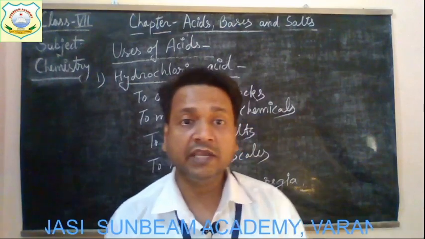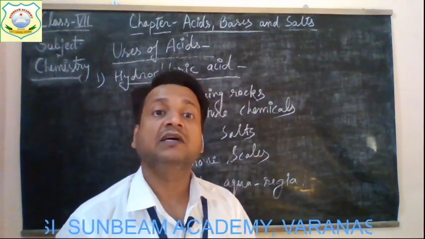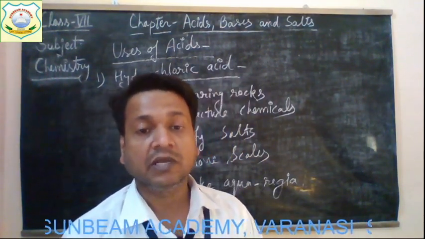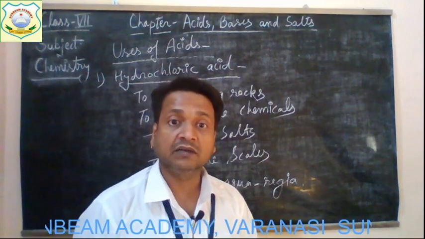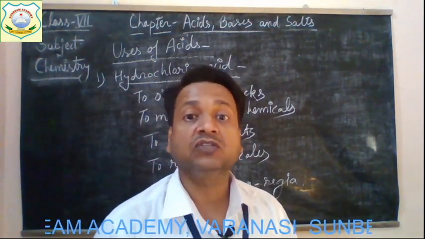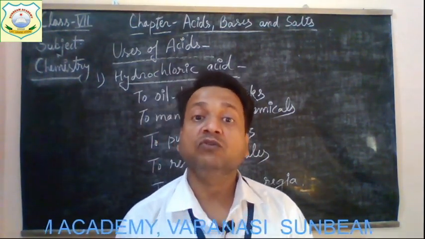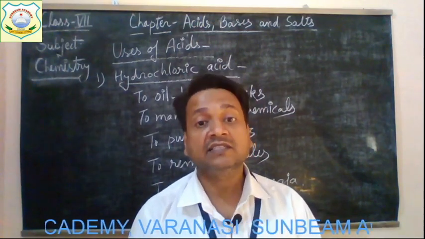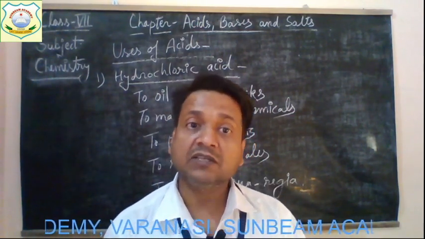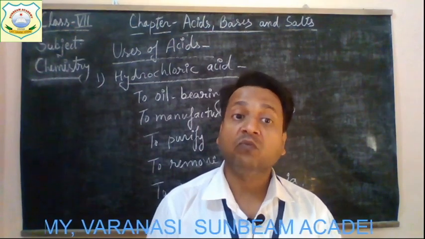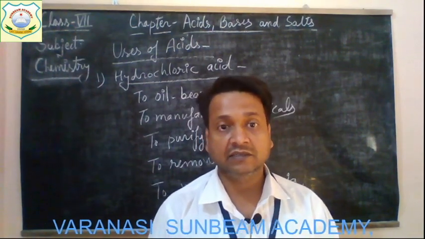To make aqua regia, hydrochloric acid is also used. Children, do you know the aqua regia? This aqua regia actually is a kind of mixture of two acids, and this consists of three parts of hydrochloric acid and one part of nitric acid.